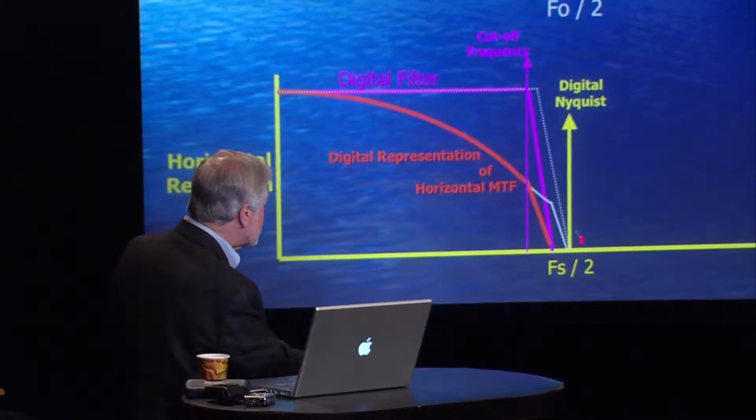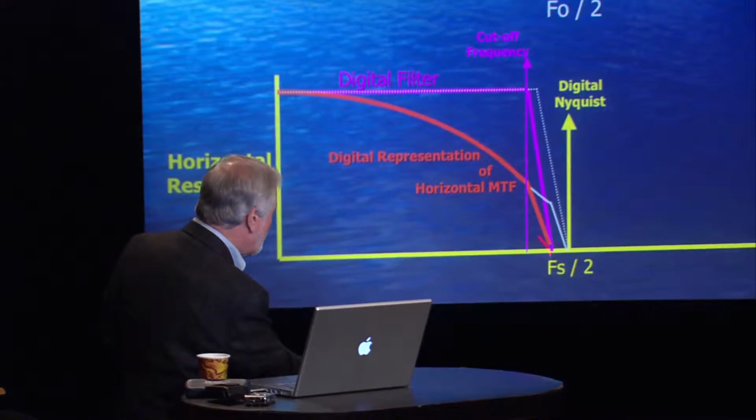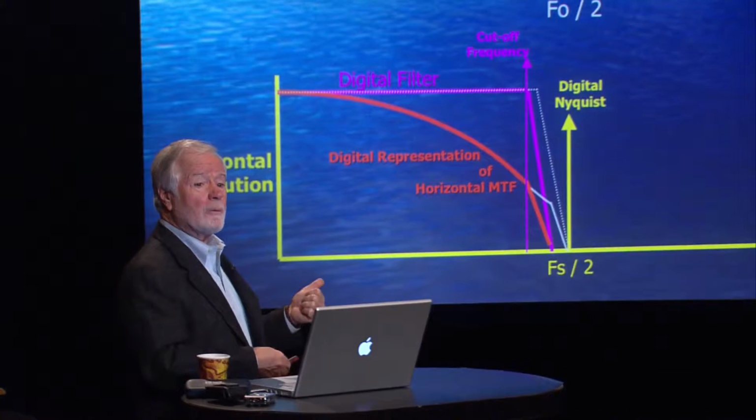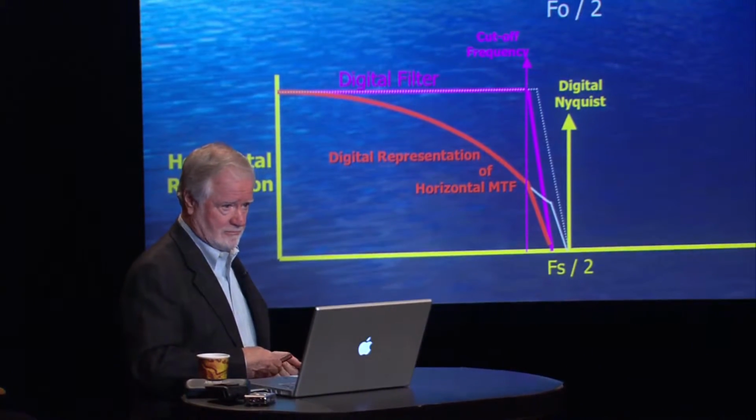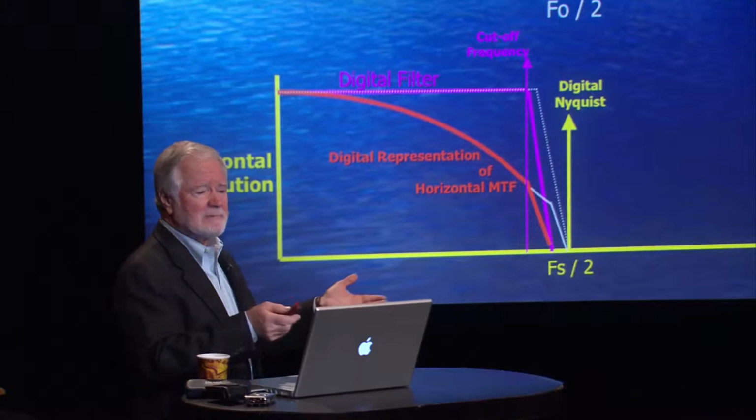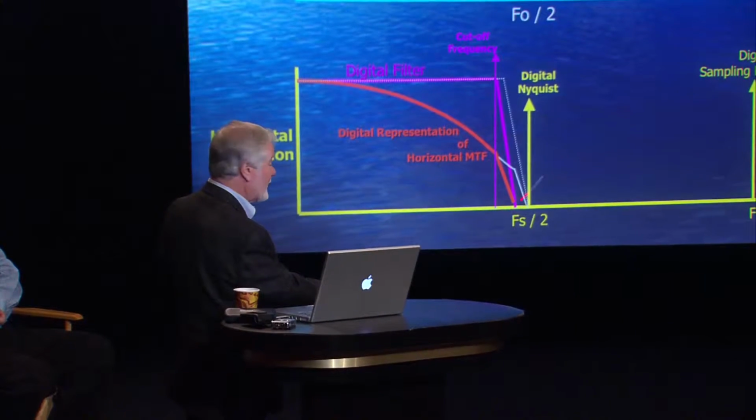What the digital does do is it gives you that lop off and determines what we call the limiting resolution of the camera. And you'll sometimes see in the brochures, camera limiting resolution, 1,000 TV lines per picture height, and that 1,000 TV lines would be somewhere there. But you can see what I'm saying, that the analog has been shipped into a digital container, and that hands it out.